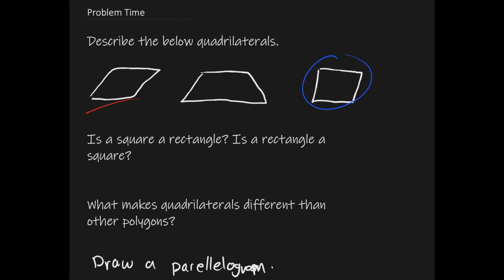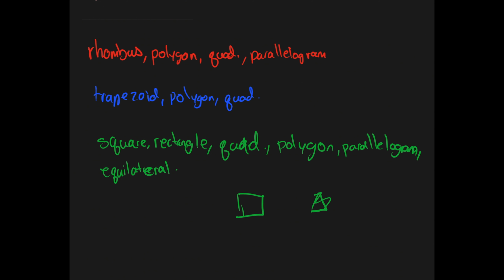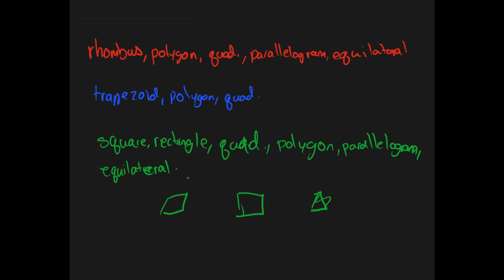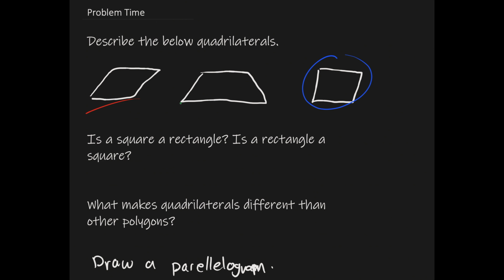A rhombus is an equilateral as well. Sorry, I completely forgot about that one. Basically, any shape with all equal sides is an equilateral. There you go, so those are the answers to all of these shapes.